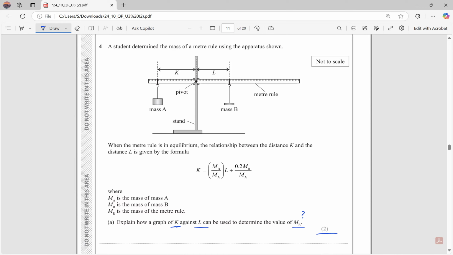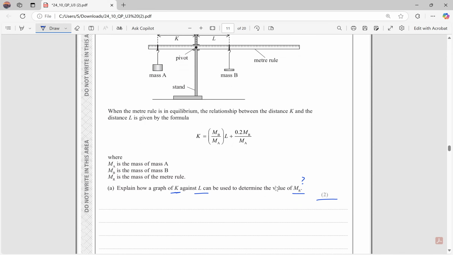So the equation of a straight line is y is equal to mx plus c, where m is the gradient of the graph, c is the y-intercept.